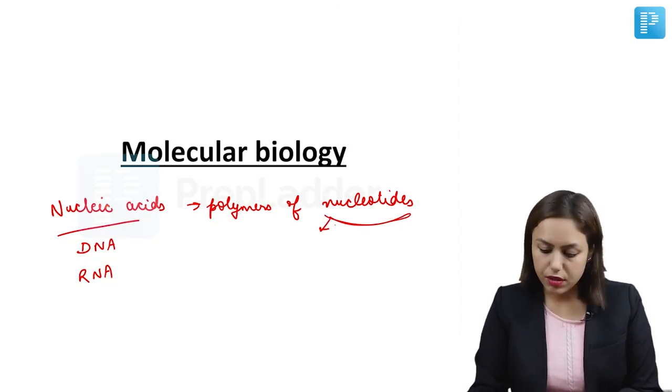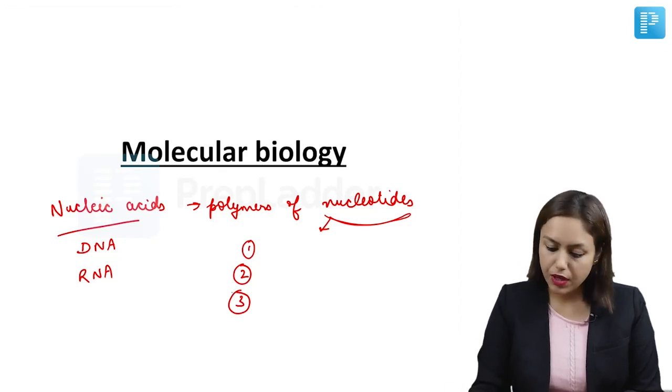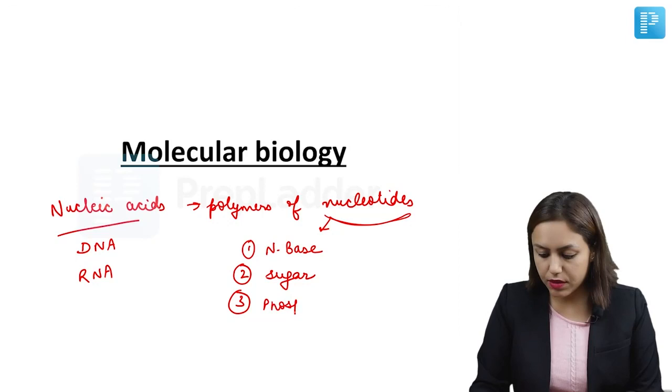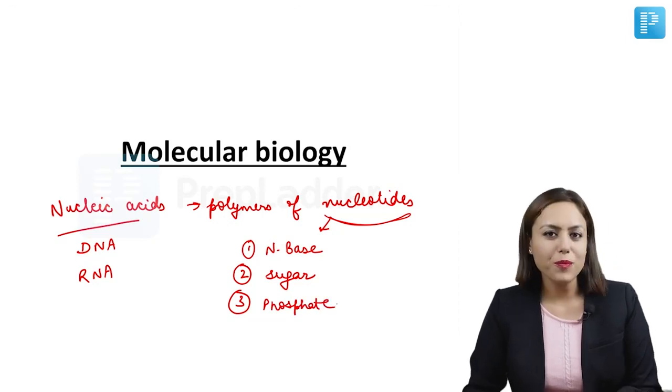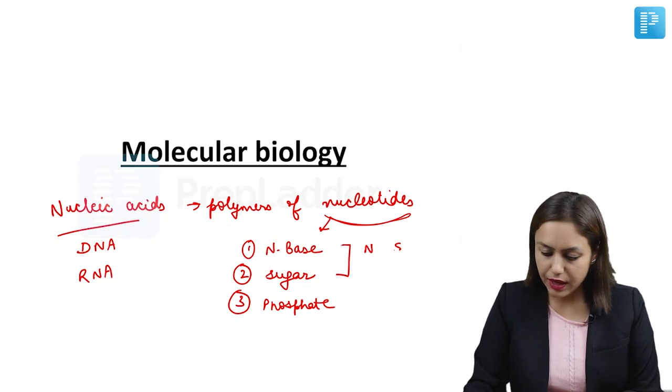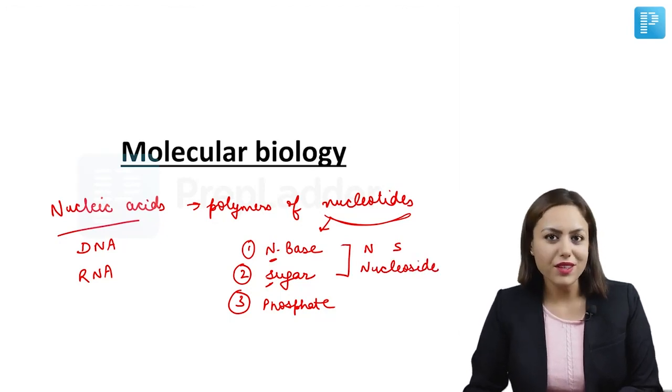And in a nucleotide, there are 3 components: one is nitrogenous base, another is sugar, and the third is phosphate. Now, the first 2 components, nitrogenous base and sugar, are called a nucleoside, right? So a nucleoside has 2 components. There is no phosphate in a nucleoside.